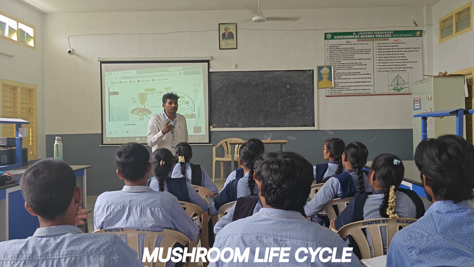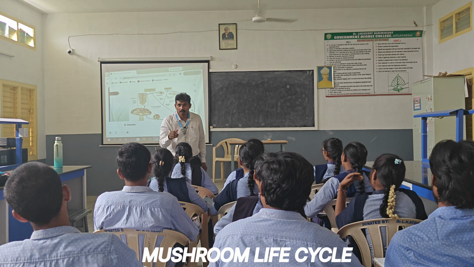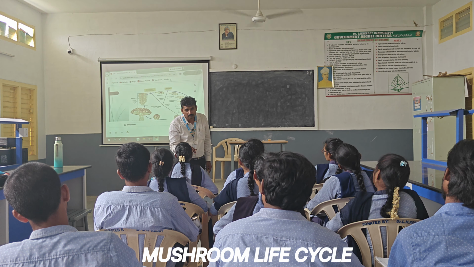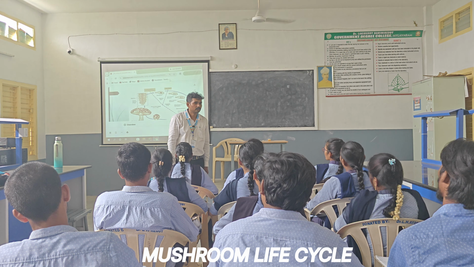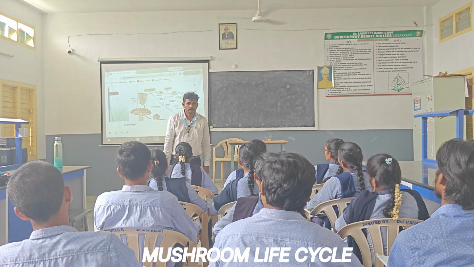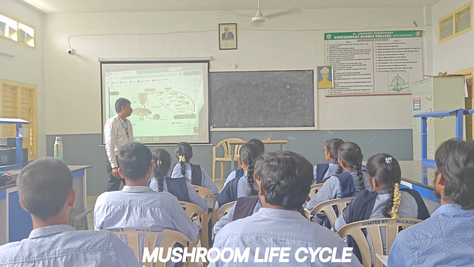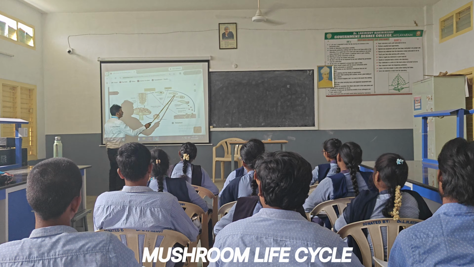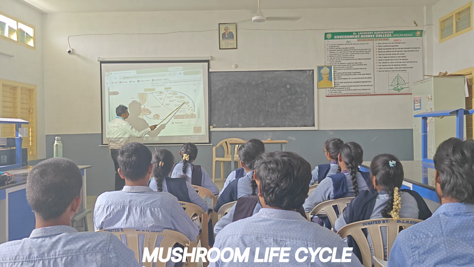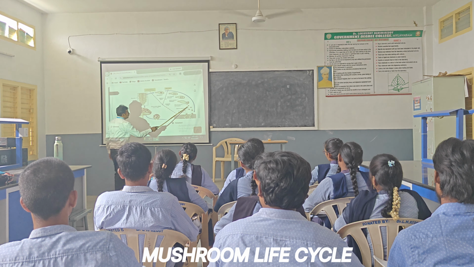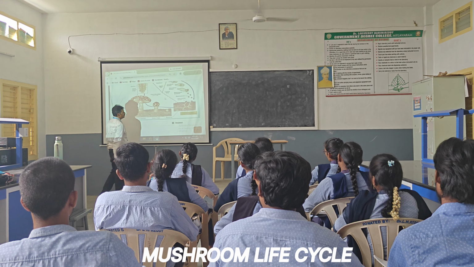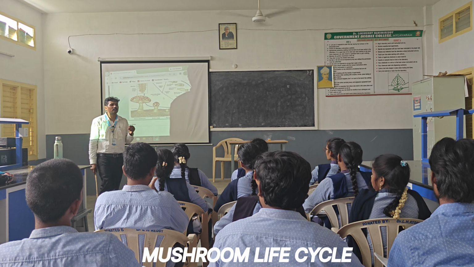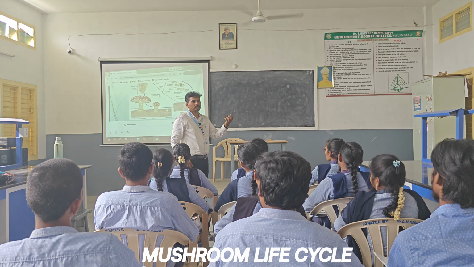So the Basidiospores ploidy is haploid. The Basidium nucleus ploidy is diploid. See the first division, the second division. Totally, these spores are Basidiospores. So these Basidiospores act as seeds.